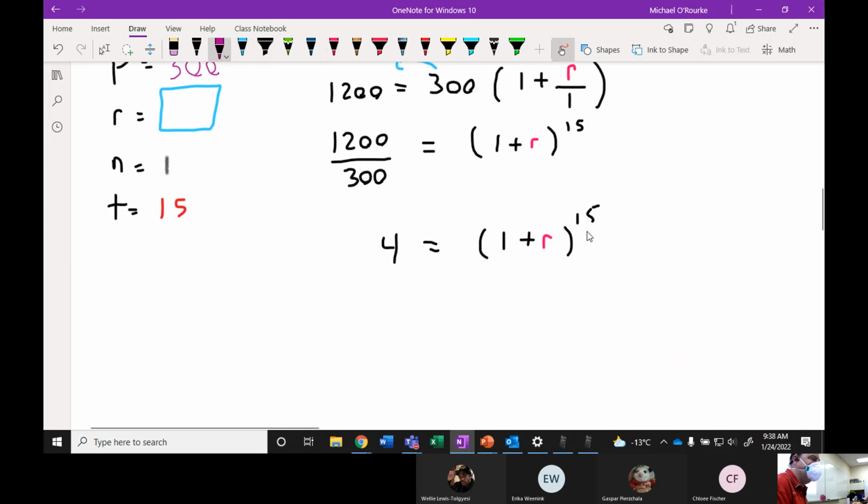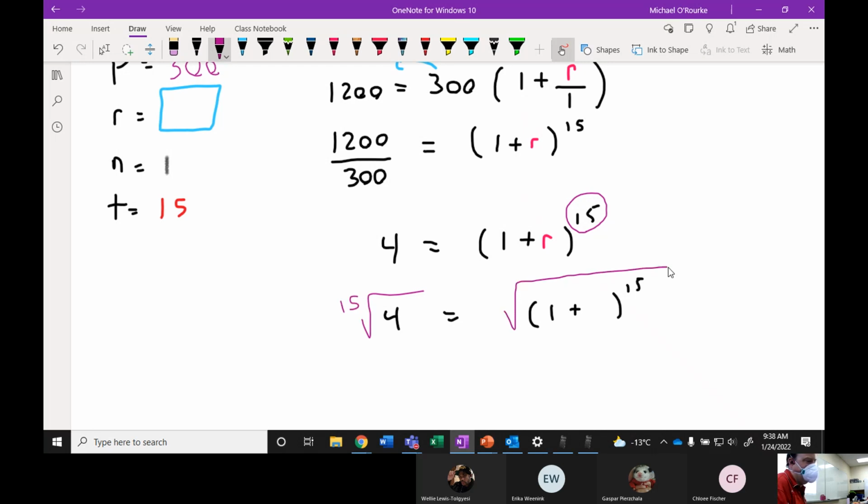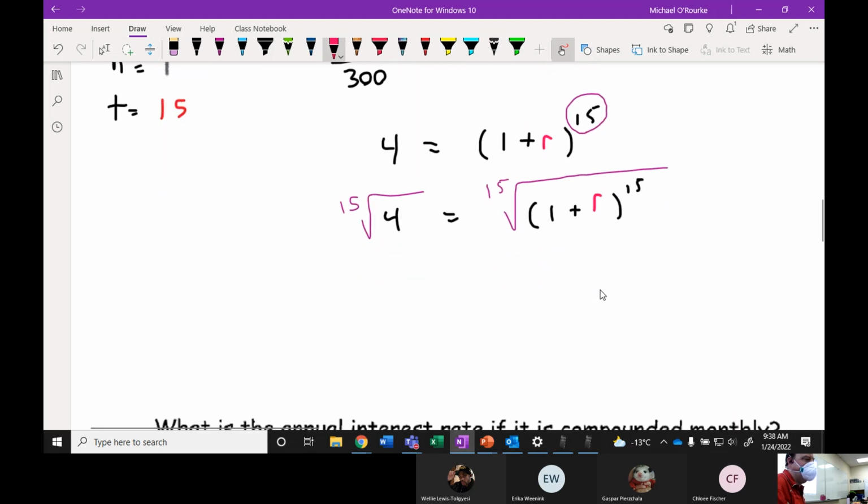Well, how do we get rid of this to the power of 15? Pateo for the win. Pateo says if that's to the power of 15, I can take, not the square root, but the 15th root of each side, which will leave us on this side with 1 plus r.